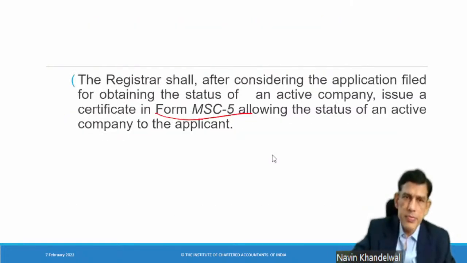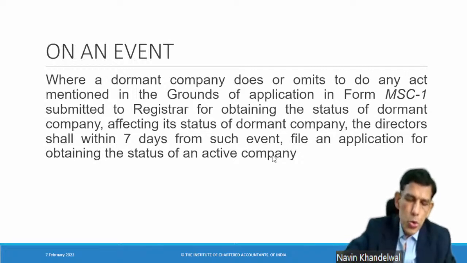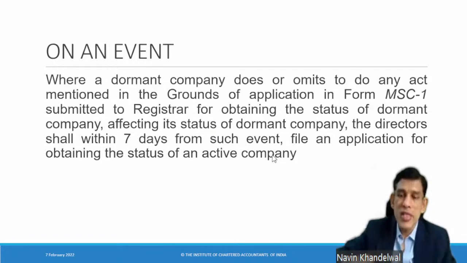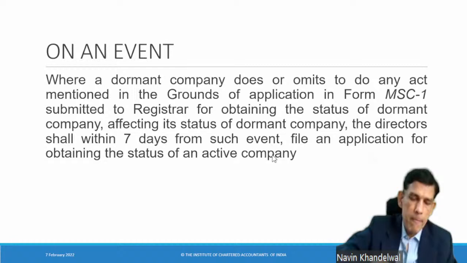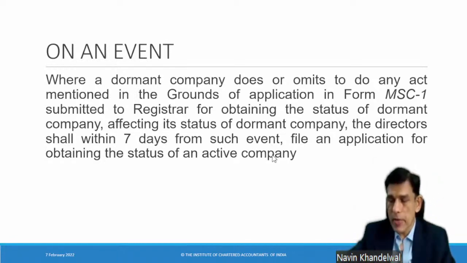Then there could be certain situations where by default you tend to lose the status of a dormant company. Now, what is that situation where you lose this particular status of a dormant company?